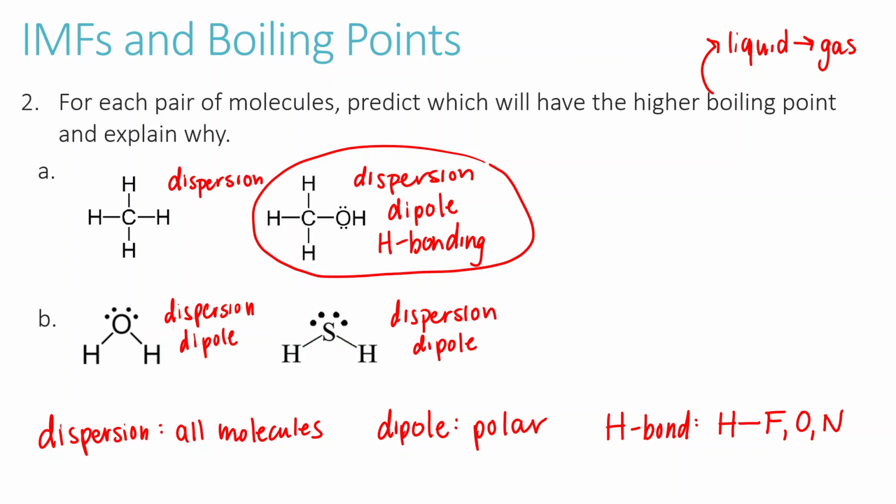In order to have hydrogen bonding, we need a hydrogen attached to an F, O, or N. So we see that in water, but we do not see that in H2S. So the one that's going to have the higher boiling point, again, is going to be the one that has stronger intermolecular forces. I'm going to need more heat to disrupt those stronger attractions, allowing this to change from a liquid to a gas.